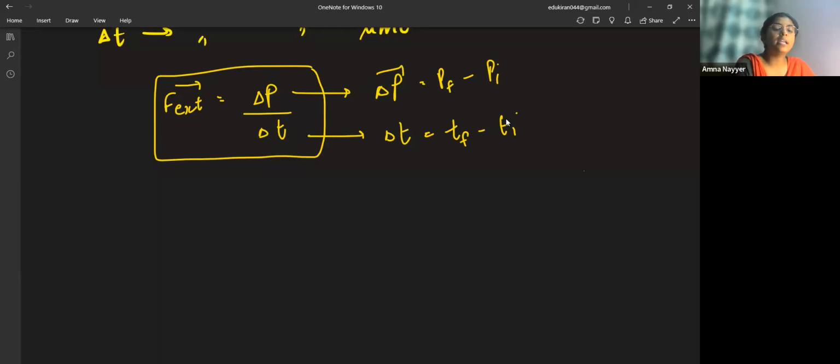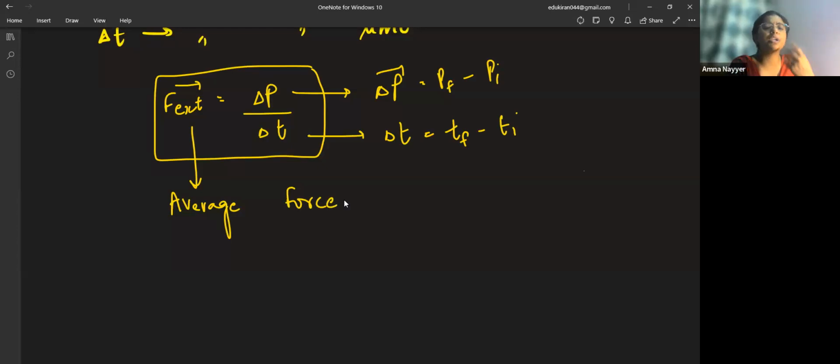I have told you, whenever you have a particular duration, 1 to 2 seconds, 3 to 4 seconds, 0.1 to 0.8 seconds, 2 p.m. to 4 p.m., you calculate the change in the quantities like this. And we used to get average velocity, average acceleration. Related here, you will obtain average force if a particular duration is given.